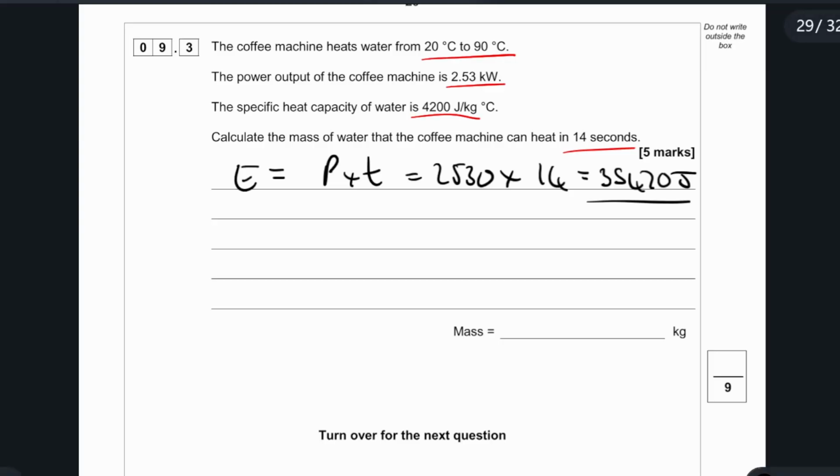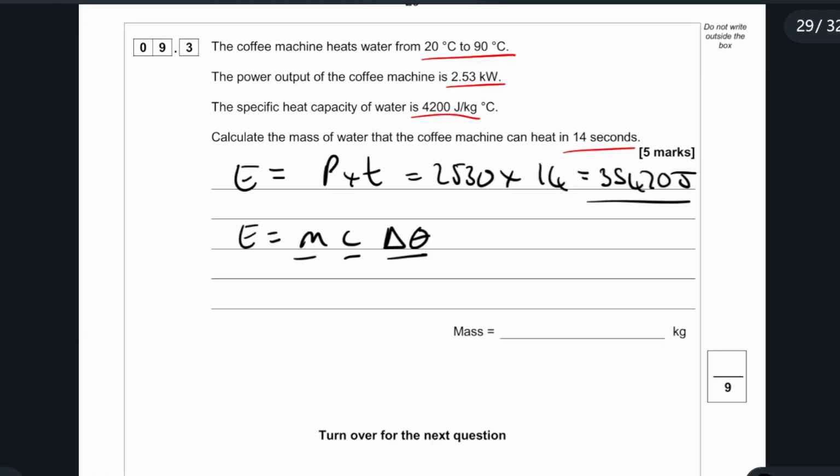Next thing, we want to actually relate this to the energy that's going to be transferred to our water. So we should know that the equation E is equal to mc delta T, or mc delta theta, where m is your mass, c is your specific heat capacity, and delta theta is a change in temperature. And if we look at our question, we pretty much got all of these now.